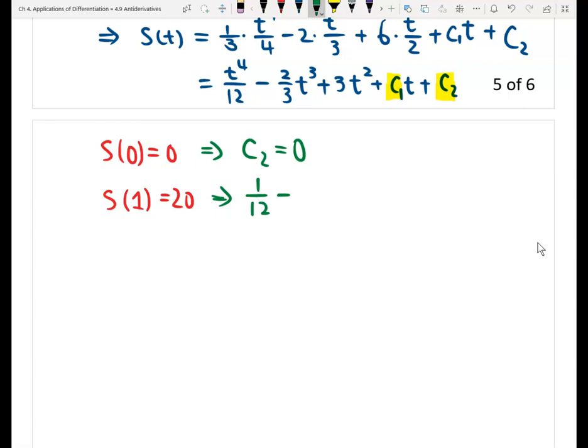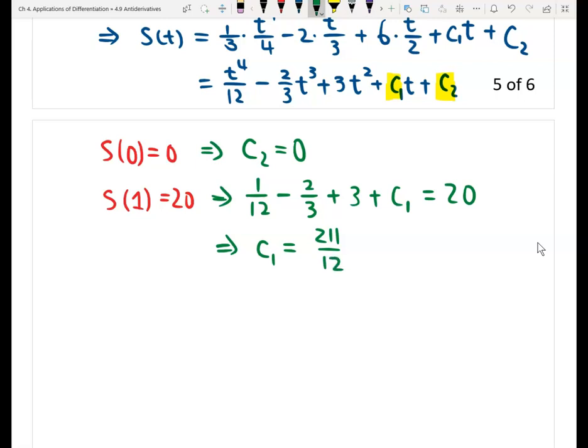S(1) is this, minus 2 over 3 plus 3, plus c1, and plus c2. C2 equals 0, c1 we don't know. So c1, and then we get 20. See, that's a linear equation, simple. Okay, and then we do the calculation. I get c1 equals 211 over 12.